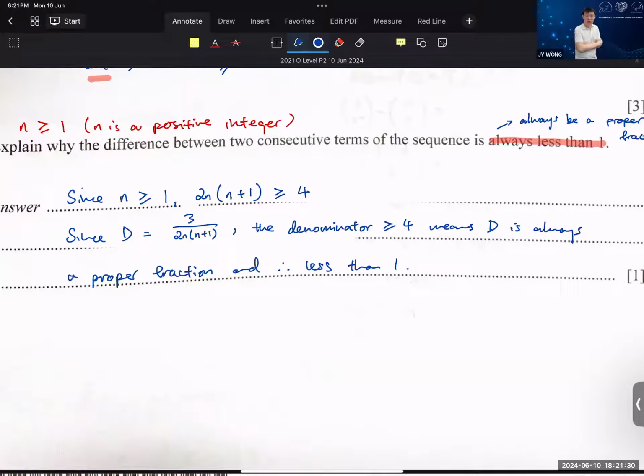That's all. So the condition you must establish is that since n is more than or equal to 1, your denominator is more than or equal to 4, and 3 out of 4 or anything larger is always a proper fraction.